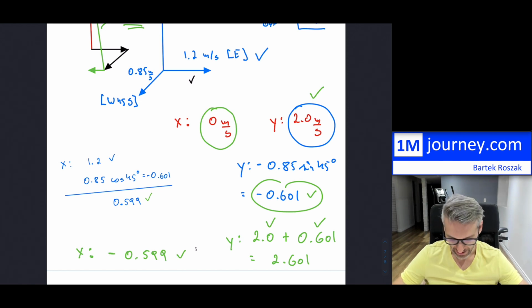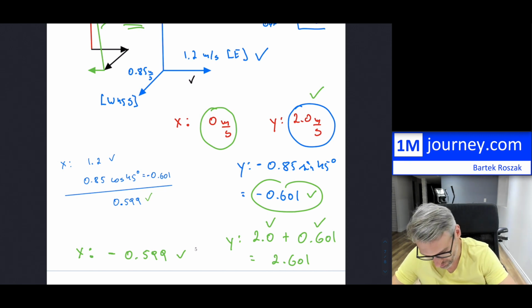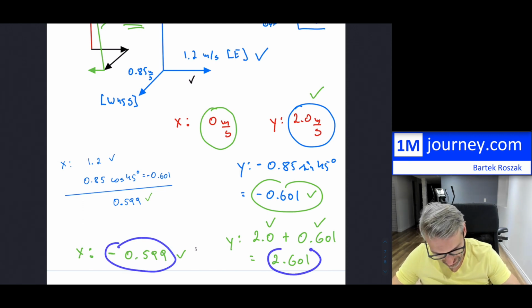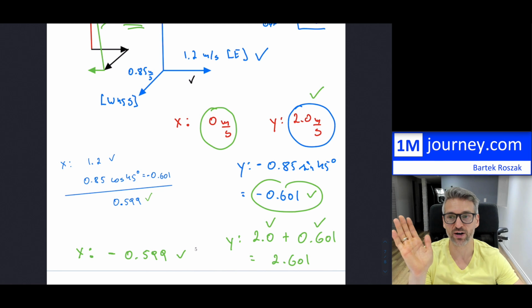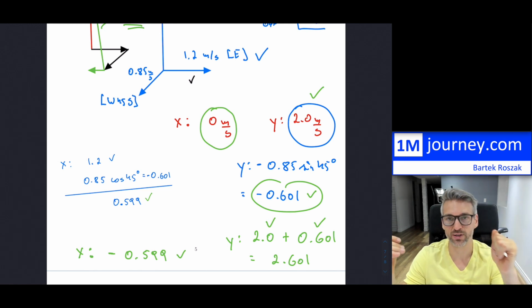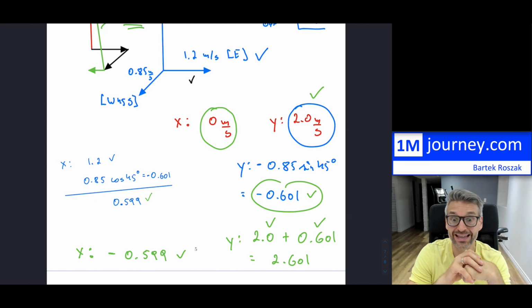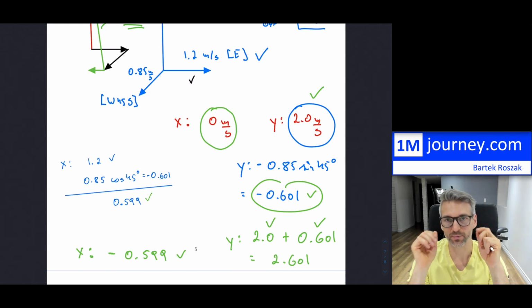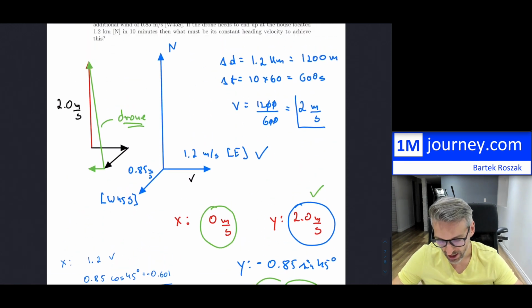Now if you want to be exact and find out what angle that is, you can certainly do that. You can use the Pythagorean theorem: take the square of both of them, take the square root, and that will give you the exact magnitude. Then you can use tan inverse to find the angle, and that's the heading the drone will have to take.